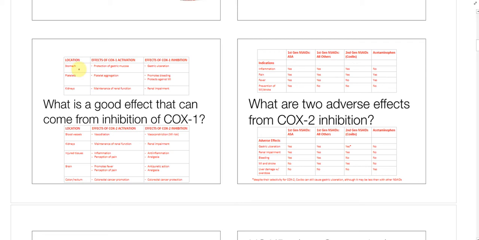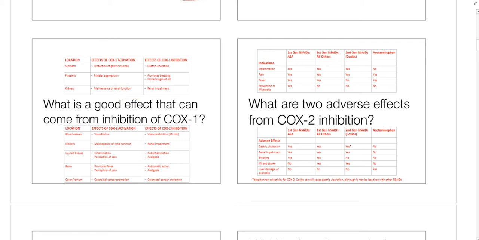So for example, in the stomach, this is COX-2 in this chart, COX-1 in this chart. So in the stomach, it protects the gastric mucosa by producing prostaglandins, which just help protect against the gastric acid. It helps with platelet aggregation, helps maintain renal function, and that's COX-1.